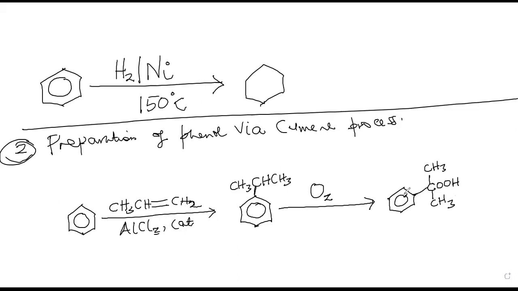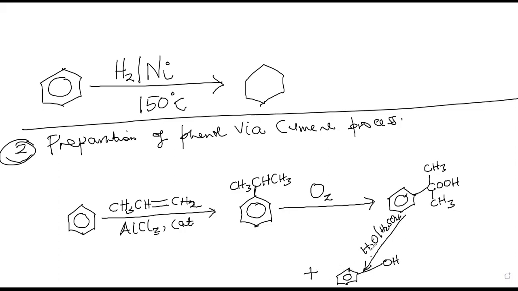Now, this cumene hydroperoxide, you can treat it with warm dilute sulfuric acid. And because it's dilute, we are going to add water, and then sulfuric acid. This reaction will lead to the formation of phenol as a major product, that is benzene with OH attached.